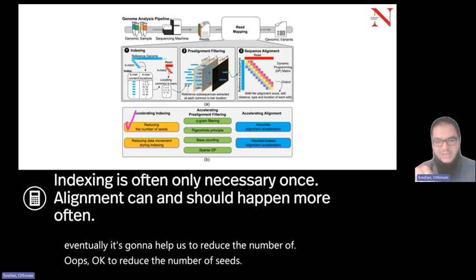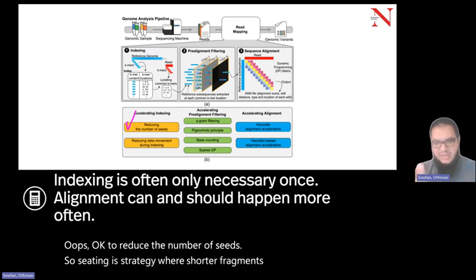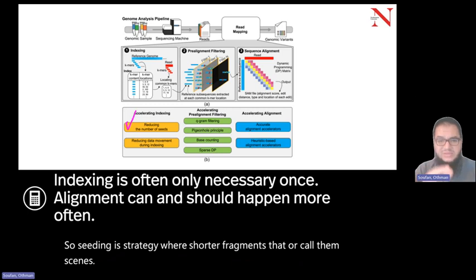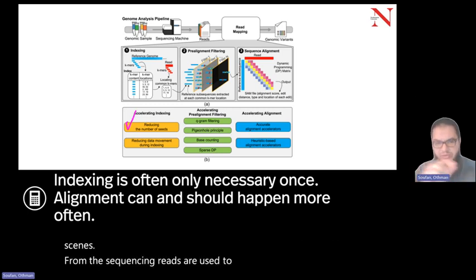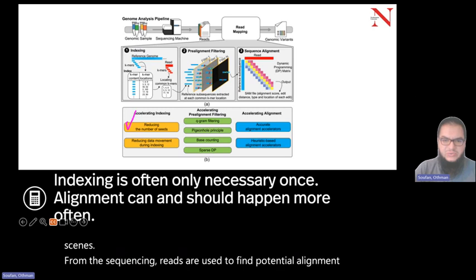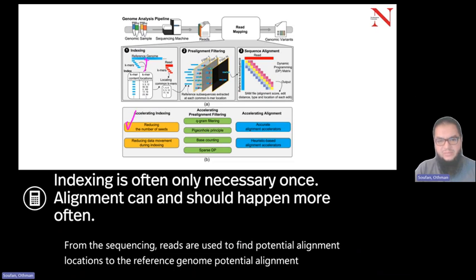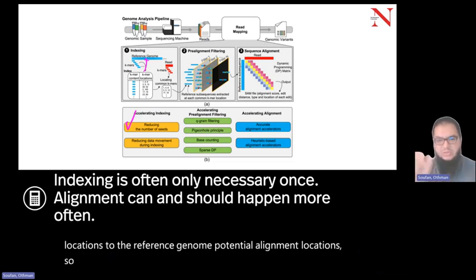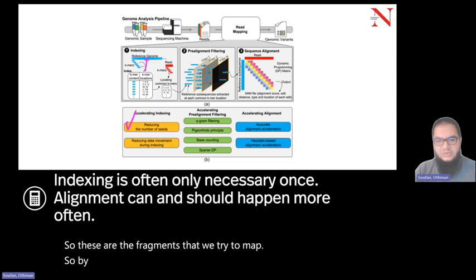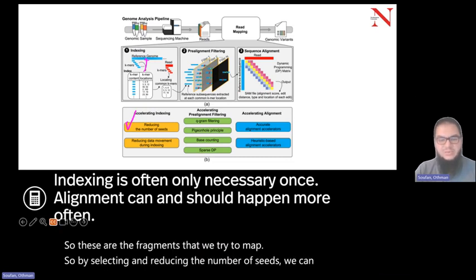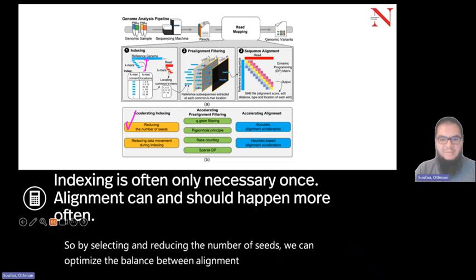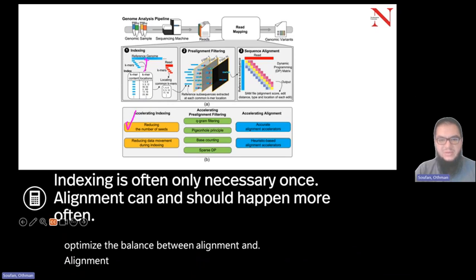Seeding is a strategy where shorter fragments, or call them seeds, from the sequencing reads are used to find potential alignment locations in the reference genome. So these are the fragments that we try to map. By selecting and reducing the number of seeds, we can optimize the balance between alignment speed and accuracy.